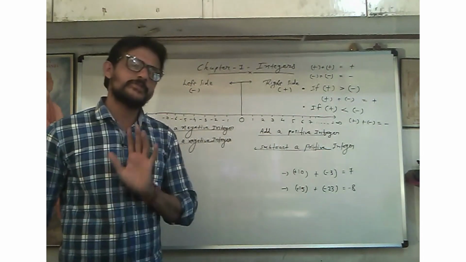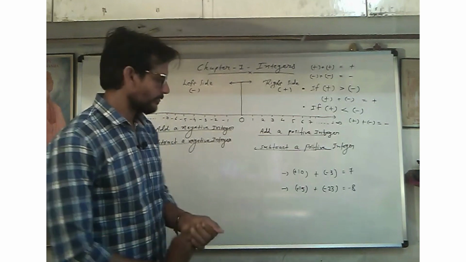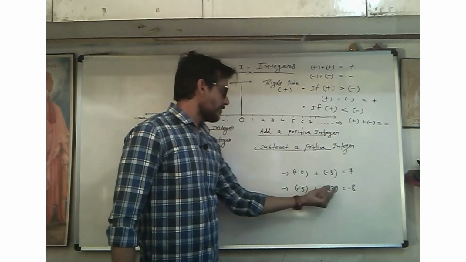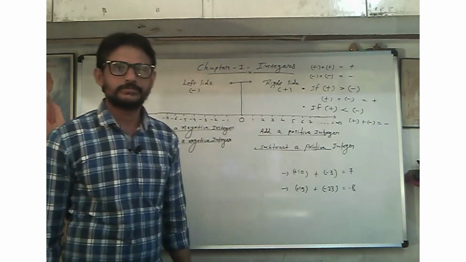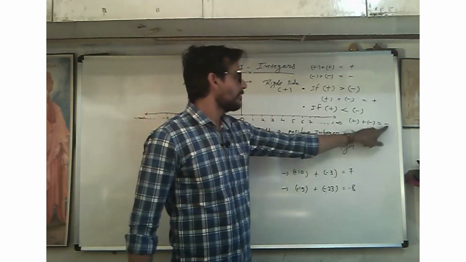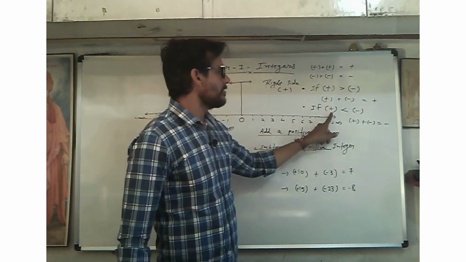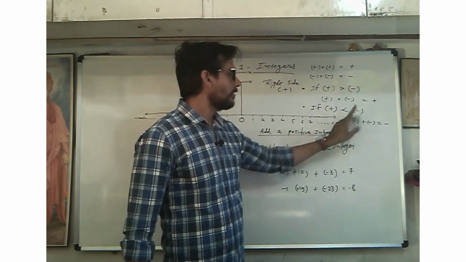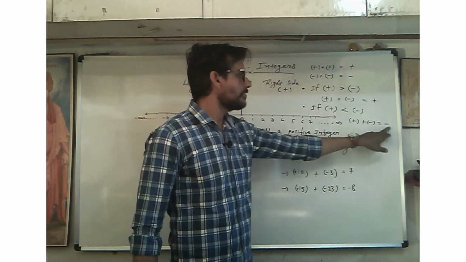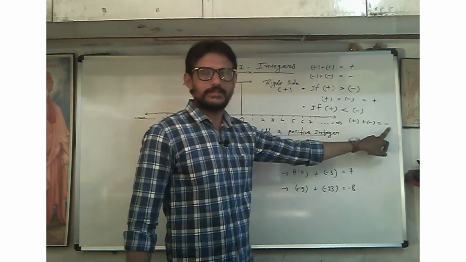Understood or not? Plus 15 plus minus 23 is equal to minus 8. We can see here, when the positive integer is less than the negative integer, that means you will get a negative integer here. Okay?